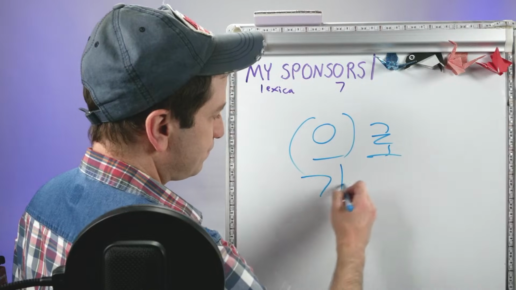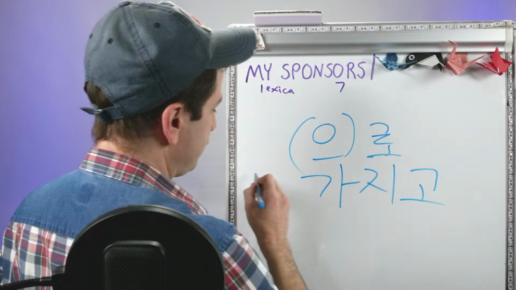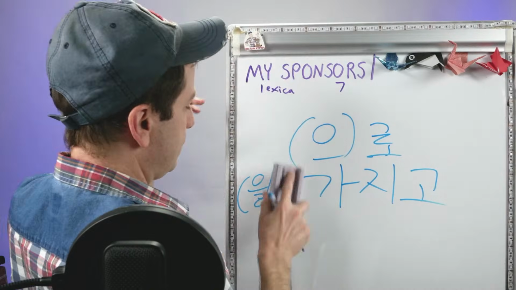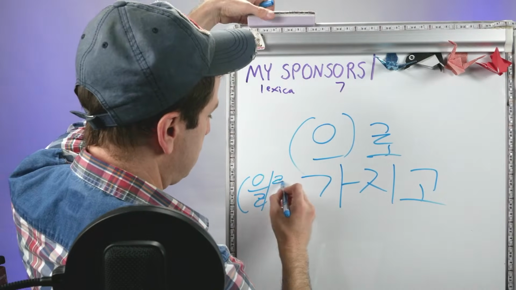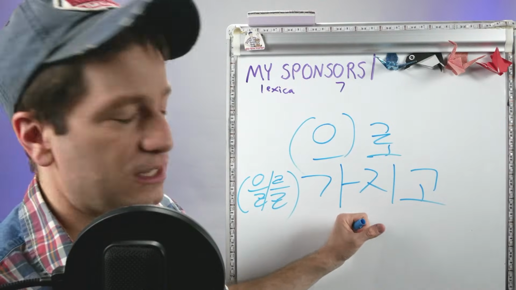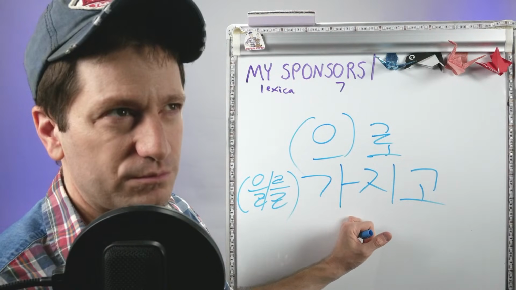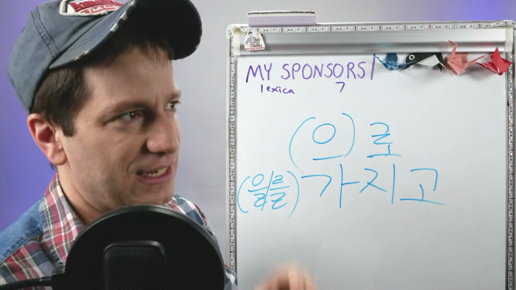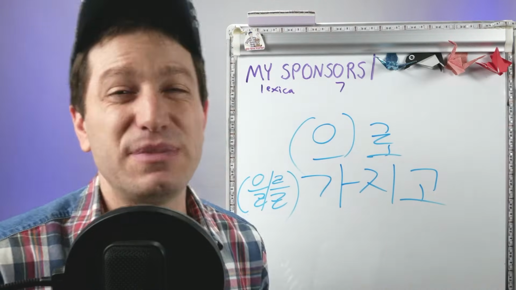Alternatively, you can also use the particle 가지고. This is not the same as the grammar form 가지고, like if you do like 해 가지고, like doing something because.